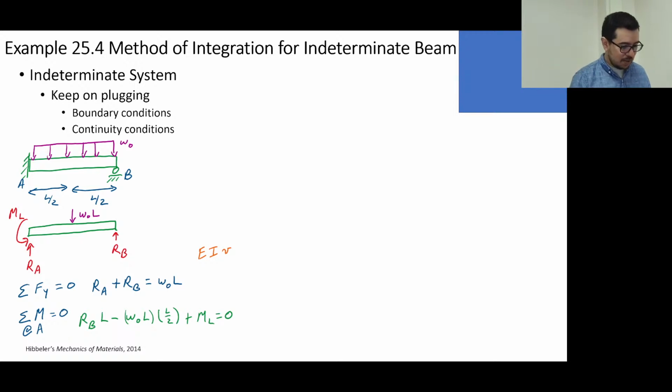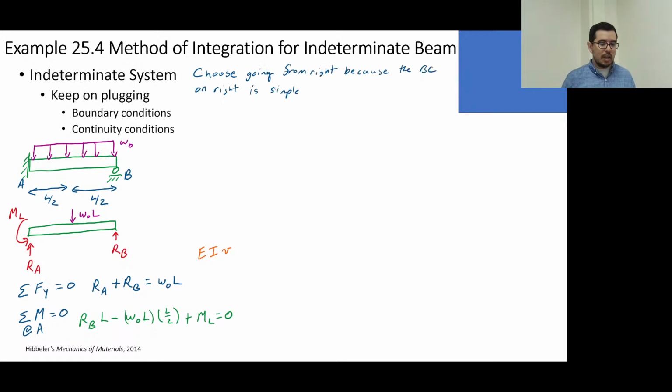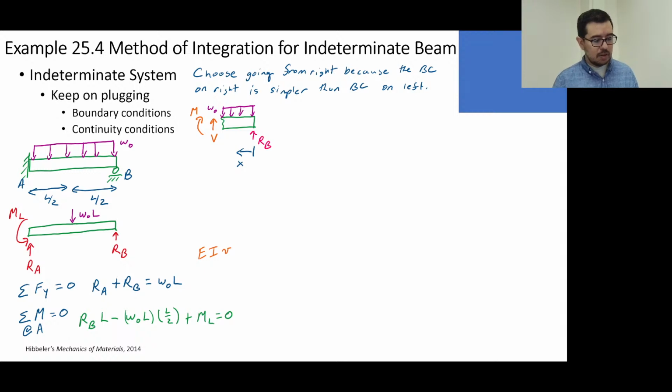We have relationships between RA and RB, and we have relationships between RB and ML, right? But we have three unknowns with 2 equations. Okay, so then we're going to go ahead and start to break things down and do some slicing.